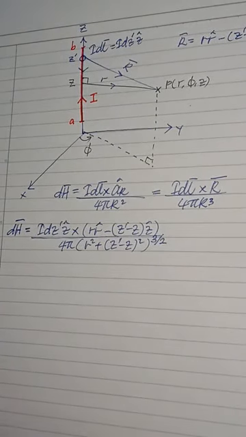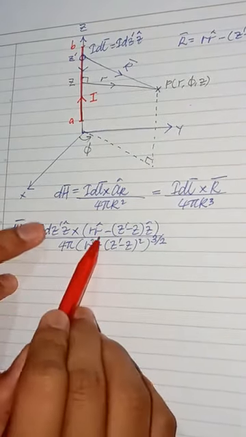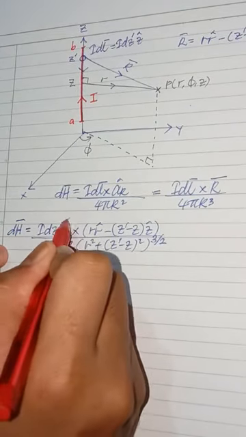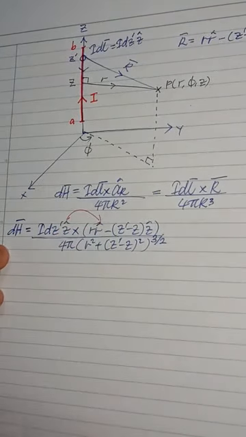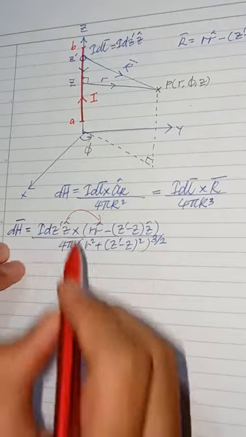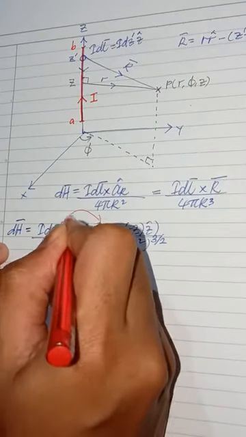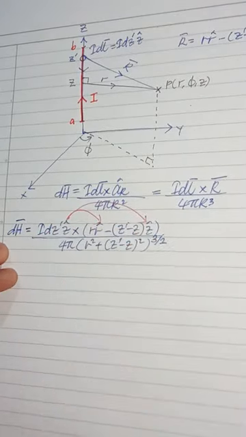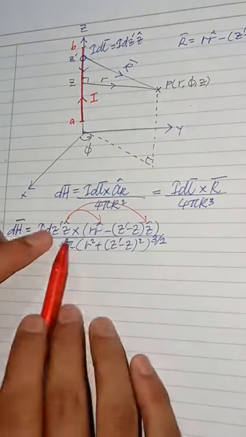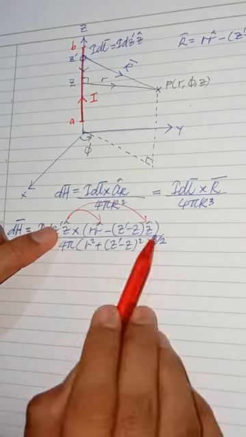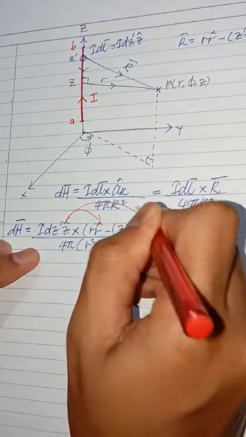Okay, so now you can see that we have a cross product between z and r, and also between z and z. Alright, we know that this product will become 0. Z cross z will have 0 output for sure.